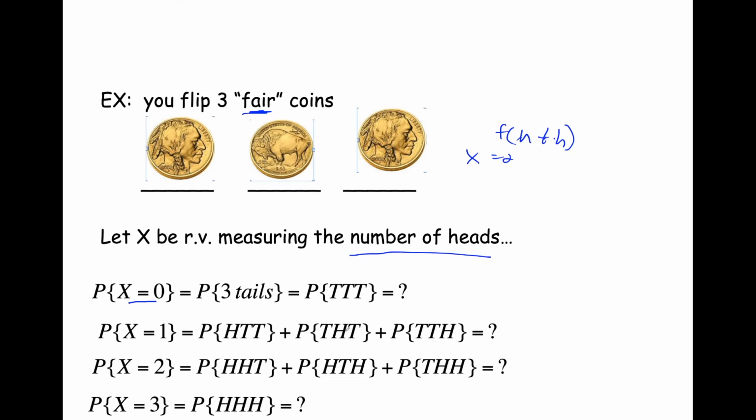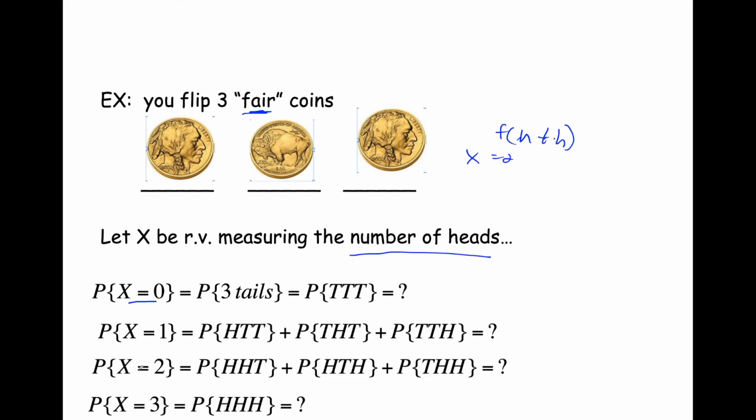You can get tails, heads, tails, or tails, tails, heads. Each one of these, if you were to measure the number of heads, it's 1. Okay? So the probability associated with your random variable measuring 1 heads or having a value of 1 is going to be the sum of each of these different ways you can have a single heads in your string of 3 flips of the coin.